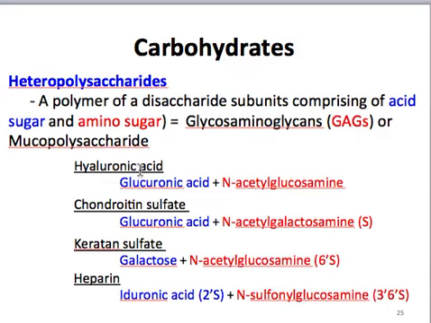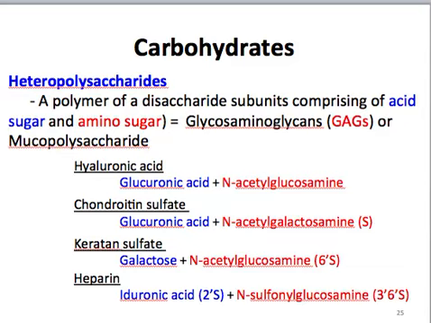Those are hyaluronic acid, composed of glucuronic acid and N-acetylglucosamine; chondroitin sulfate, composed of glucuronic acid and N-acetylgalactosamine sulfate; keratan sulfate, composed of galactose and sulfated N-acetylglucosamine; and heparin, composed of glucuronic acid and sulfated glucosamine.